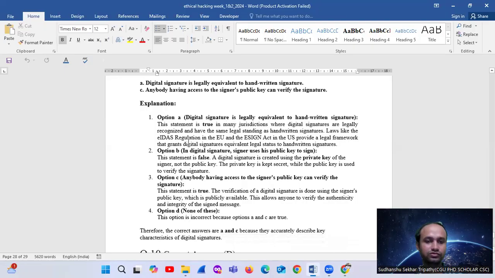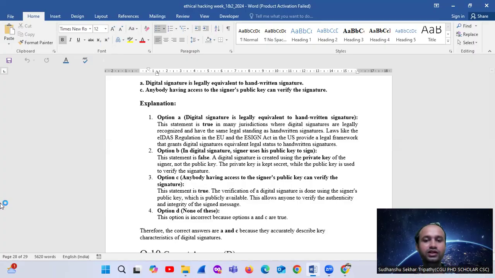Let's look at the explanation. Option A, digital signature is legally equivalent to handwritten signature. This statement is true in many circumstances where digital signatures are legally recognized and have the same legal standing as handwritten signatures. Option B, in digital signature the signer uses public key to sign. It is false. A digital signature is created using the private key of the signer, not the public key.